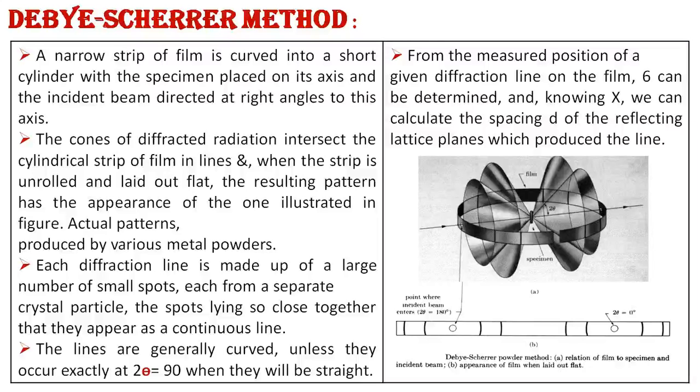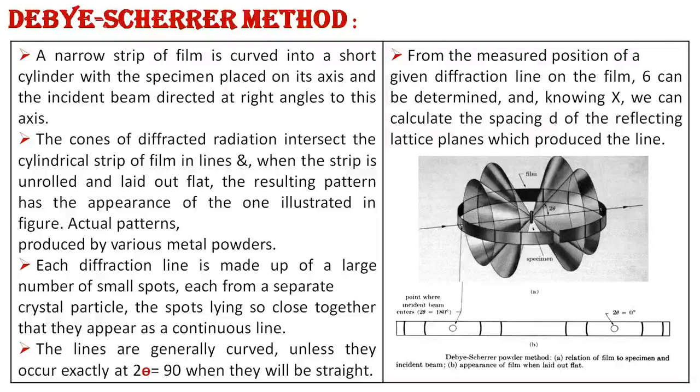The lines are generally curved unless they occur exactly at 2θ equal to 90°, when they will be straight. From the measured position of a given diffraction line on the film, θ can be determined, and knowing λ, we can calculate the spacing d of the reflecting lattice planes which produce the line.